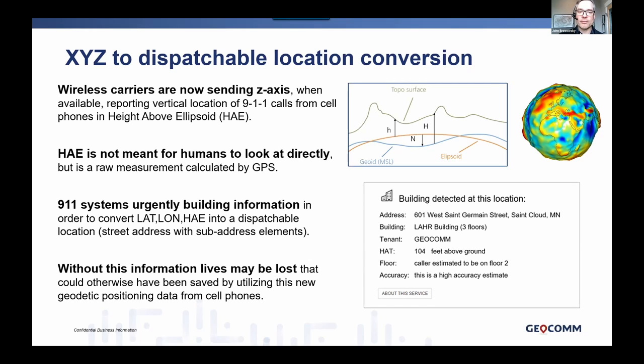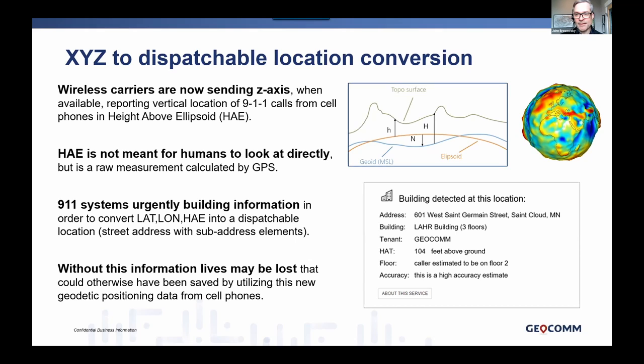So if we can convert a raw position measurement that includes a latitude, longitude, and a height above ellipsoid into a building name, street address, and floor, now we've created something that's truly dispatchable. And even at this point, we don't necessarily need an indoor map. It's obviously better if you do have an indoor map, because then you can take it further and get to the room level. But even just getting the street address with the floor is a breakthrough for 911, because they haven't had that in the past for 911 calls for multi-story buildings.